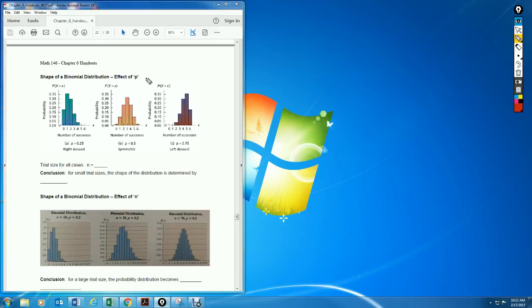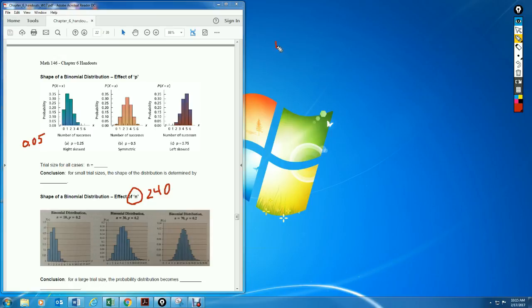So the effect of the probability, and again, our probability is 0.05, which is much less than 0.5, which would put us over here. However, our sample size n of 240 is very large.